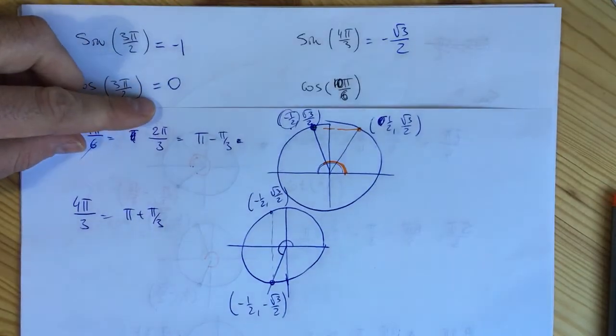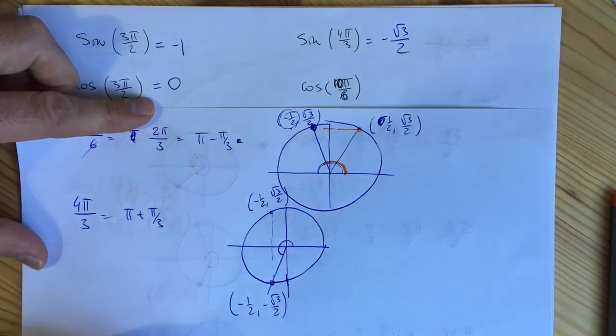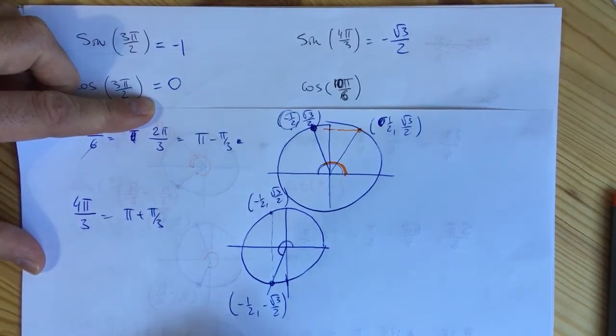And so on and so on. For example, cosine of 10 pi over 6. You can simplify this, if you divide by 2, as 5 pi over 3. So that's 6 pi over 3 minus pi over 3. That's 2 pi minus pi over 3.